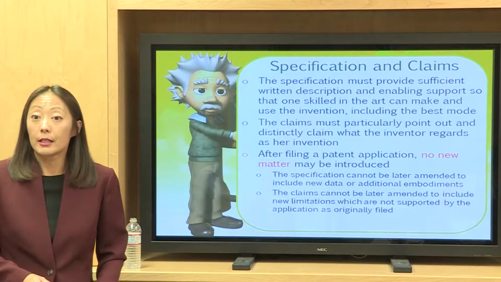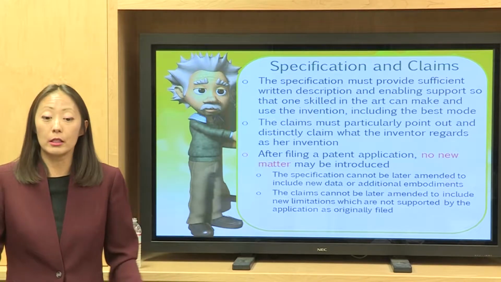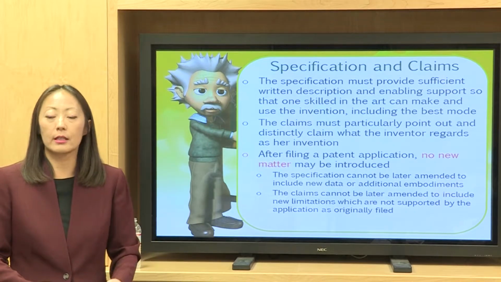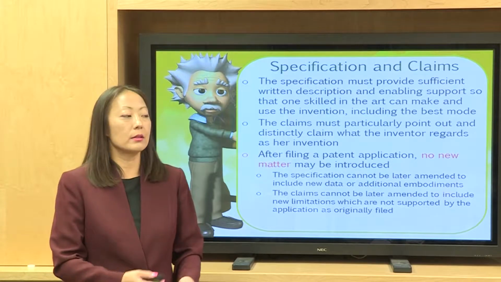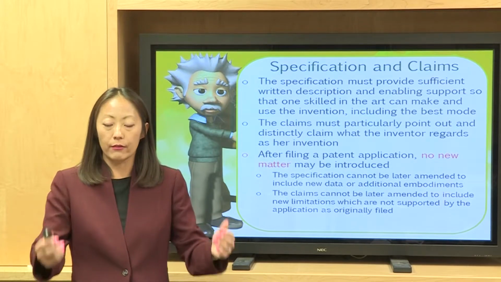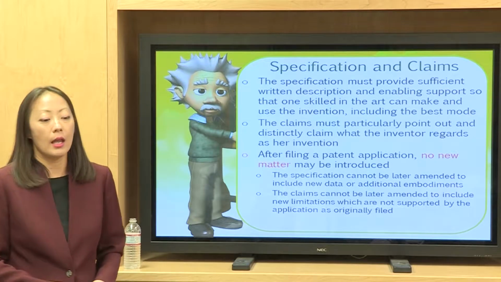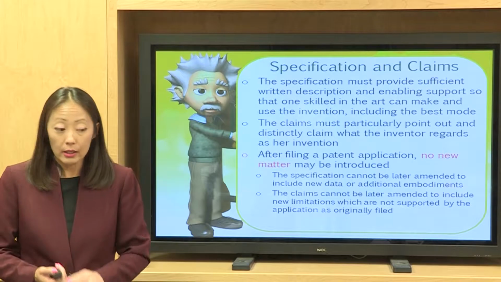So the specification and claims, that's the patent application. That's where we work with the patent attorney. You write about the invention, the experiments, and then the patent attorney writes some claims towards the invention, and you try to define the metes and bounds of what you're trying to claim. The patent law says that your claims must be clear and definite.